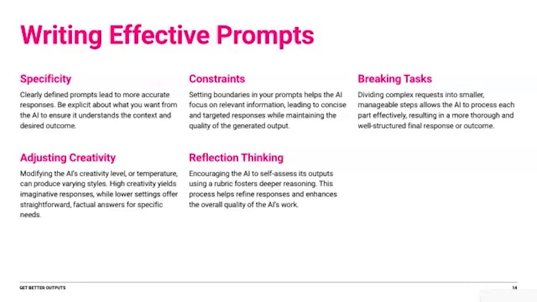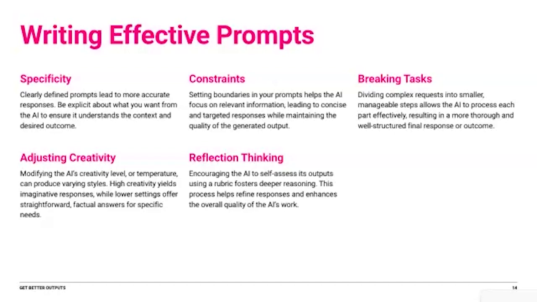So specificity is key. When you write very clear, well-defined prompts, you're going to get the best and most accurate responses out of it. And you have to be very explicitly clear what you need from it, so that it ensures you get the best content. Now, there are constraints.